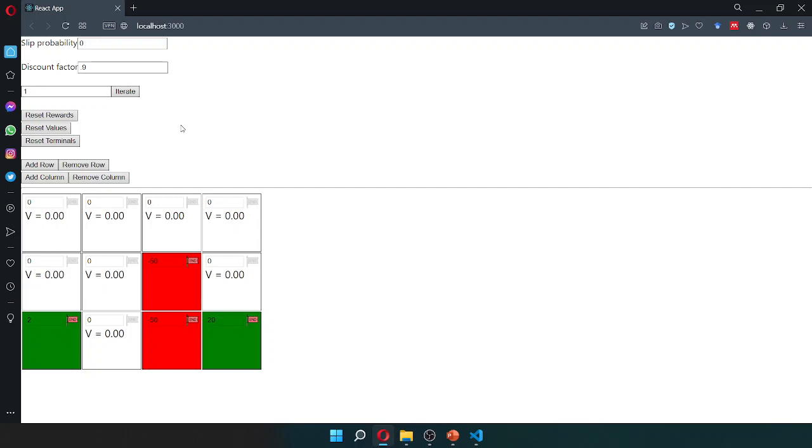By the way, the actions that are allowed are only up, down, left, right. If you go to the edge when performing any action, you will just go back to the state that you are in. If I click iterate, the values should update at t equals 1.